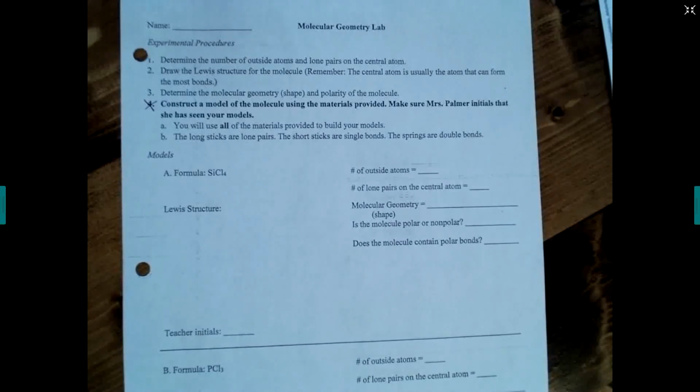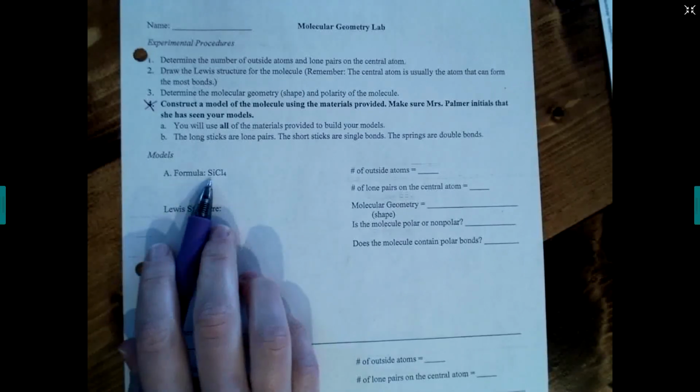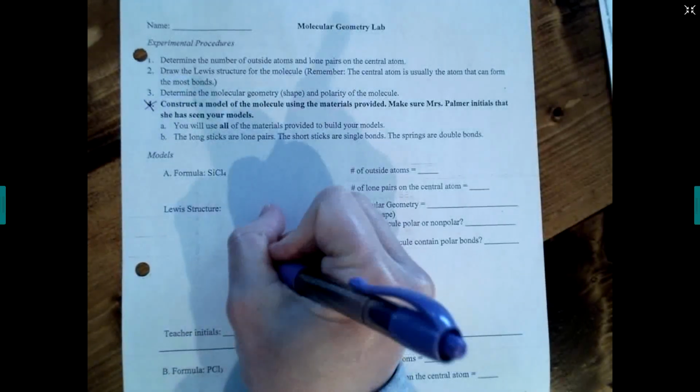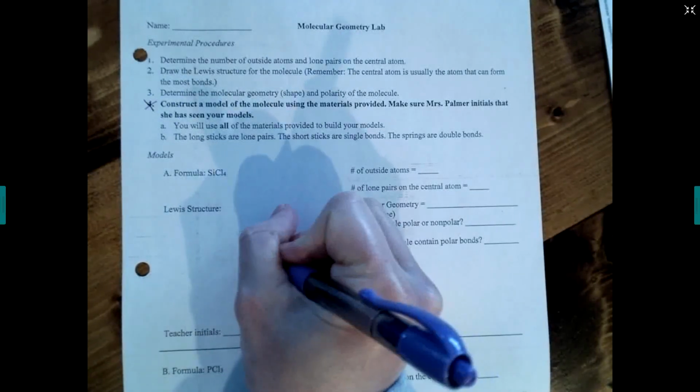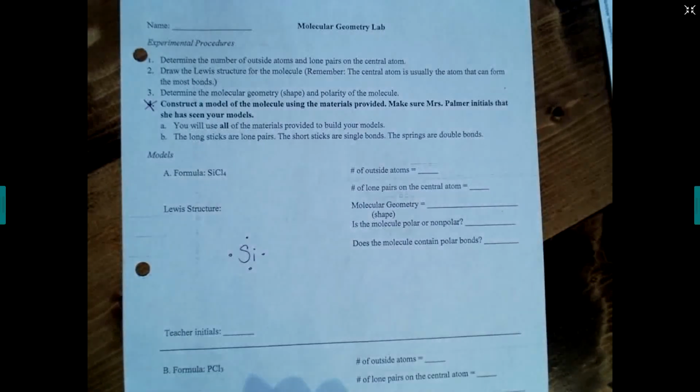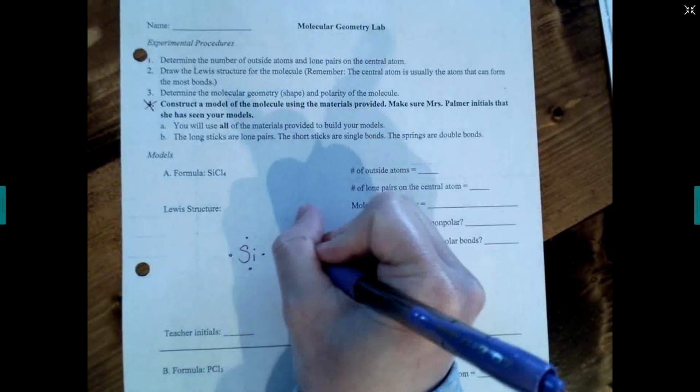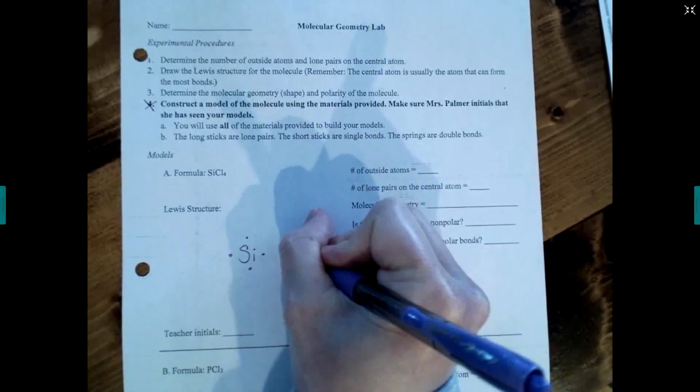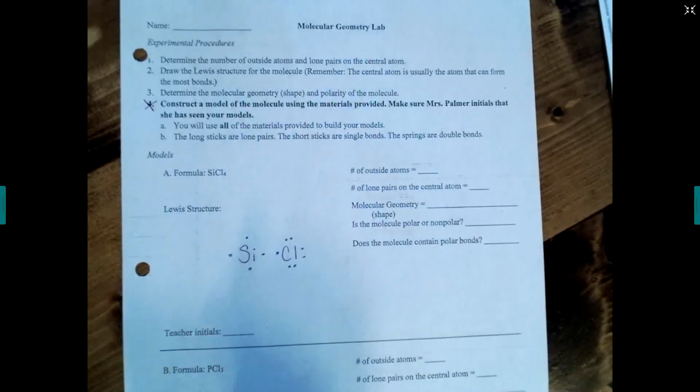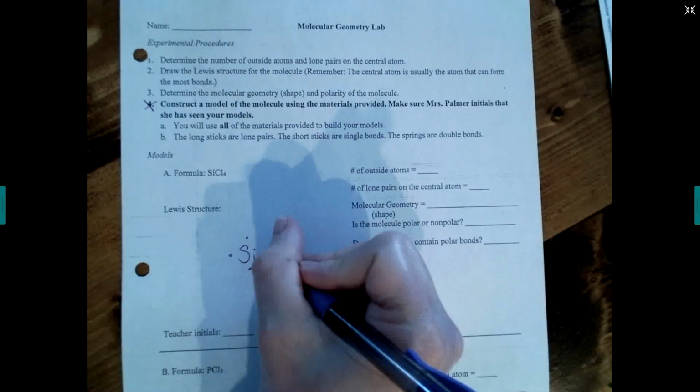So I'm going to do the first one for you, just so you know what you're doing. This is your formula, SiCl4. Silicon has 4 valence electrons, and chlorine has 7. And since silicon can form the most bonds, it's going to go in the middle.